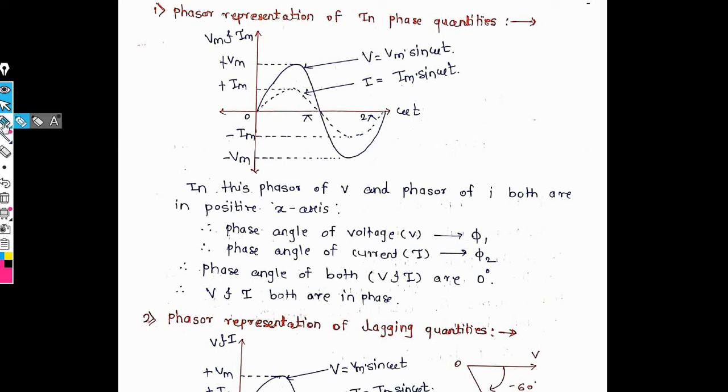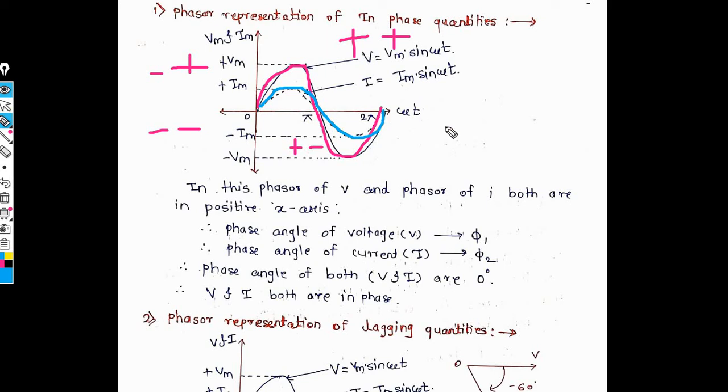Now this is the first quadrant: positive, positive. Then negative, positive, negative, negative, and positive, negative. This is the voltage waveform, and this is the current waveform.